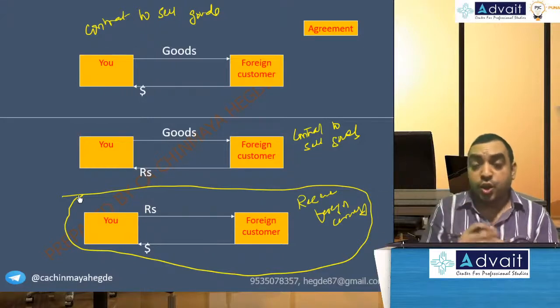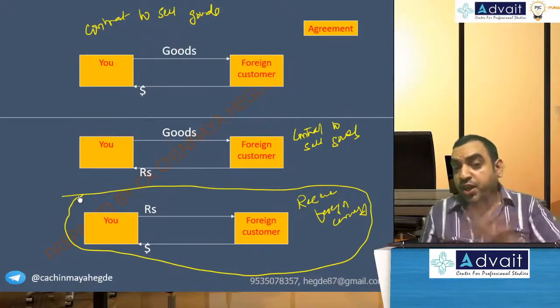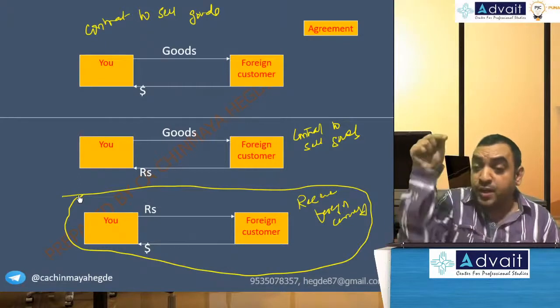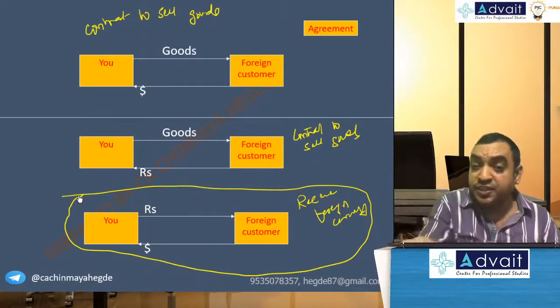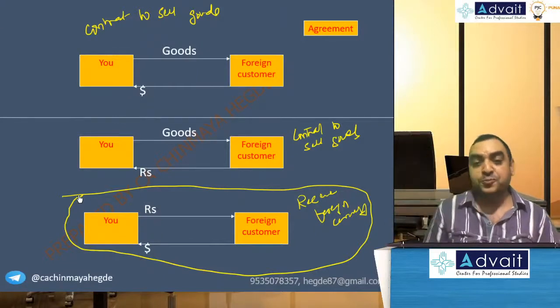Don't look at the original contract. The original contract is to sell goods, I'm not talking about it. But once you sell goods, you get foreign currency. Think from the currency point of view, from the receipt point of view, from the dollar point of view.